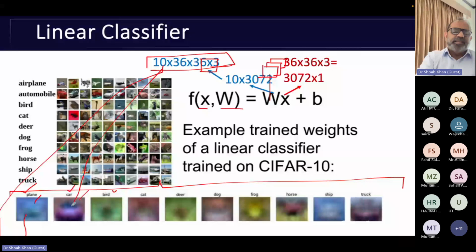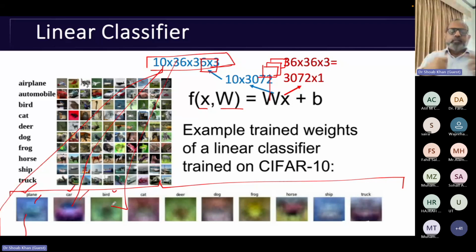This is another way to comprehend what is happening. Your model has come up to be 10 same-dimensional colored images. Now a test image comes, and you multiply it with all these 10 images, then add all the pixels of the product, and it will come out to be a number.